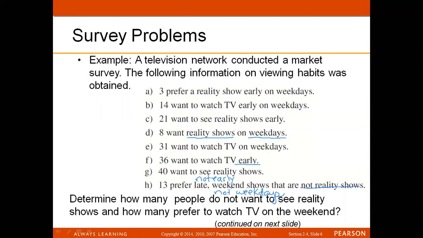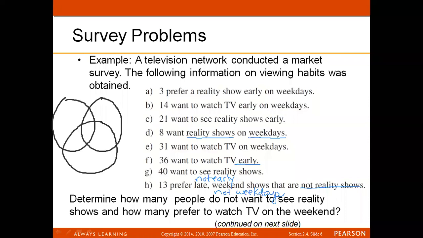All right, so if we use a Venn diagram to help us solve this problem, we would start with 3 subsets of a universal set. These 3 subsets are reality shows, weekdays, and early.